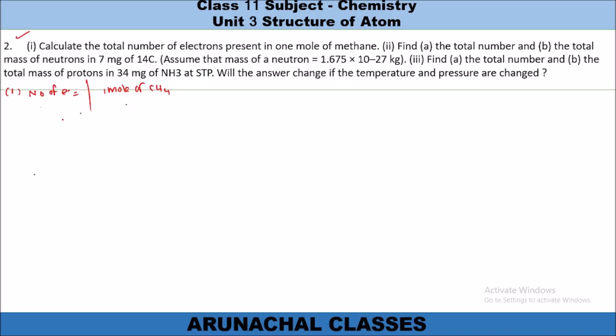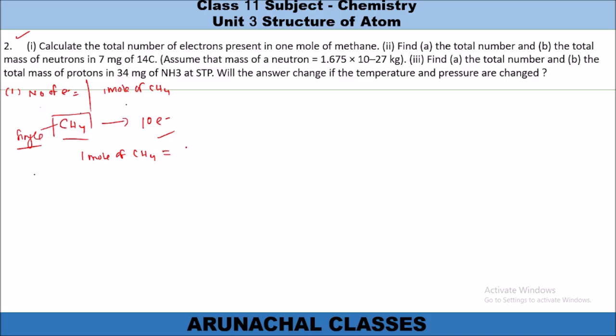Now when I see here we have methane molecule. In this single molecule of methane there will be 10 electrons. Carbon is having 6 and each hydrogen will be having 1, so it will be 10 electrons. So we want to find out number of electrons in 1 mole of methane. So if it is 1 mole of methane, how many electrons will it have?